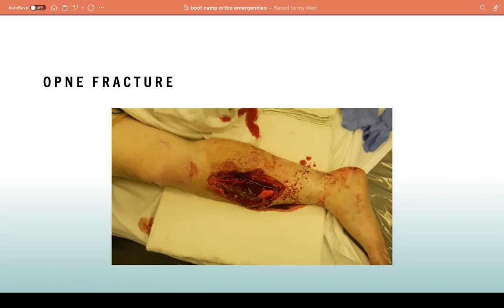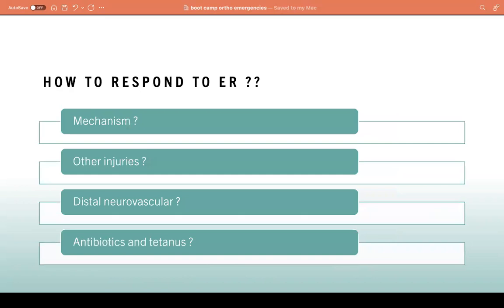At this time, you ask for more information before you accept the case and become the primary care for this case. So you ask what is the mechanism he had. If it has a high energy mechanism, definitely we'll do an ATLS protocol, and you need to look for what other injuries he has got. Open fractures are usually a high energy mechanism, so you need to know what other injuries he's having, and definitely ask him, did you assess the distal neurovascular status?